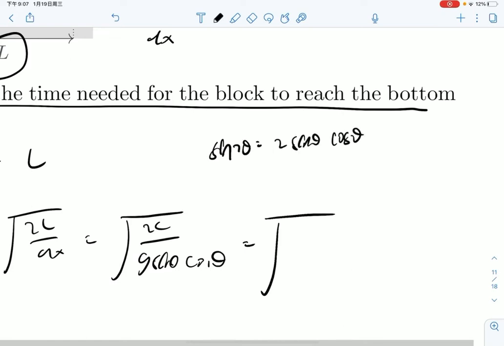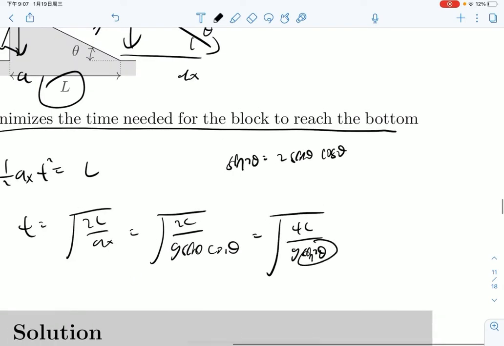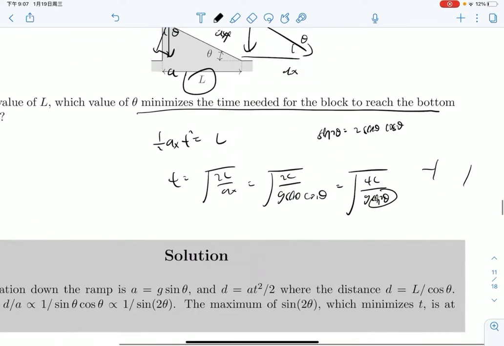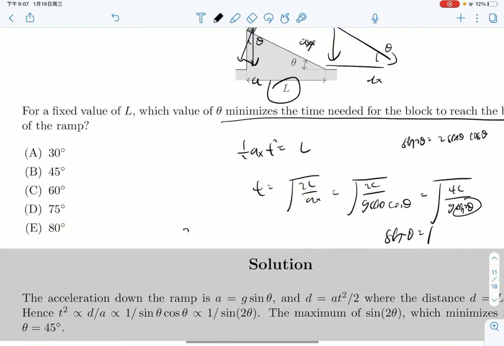And you can get the term to be g sine 2 theta. And sine 2 theta ranges from -1 to 1. And you can see the maximum is when sine 2 theta is equal to 1. And you will have 2 theta is equal to 90 degrees, and you will have the answer to be 45.